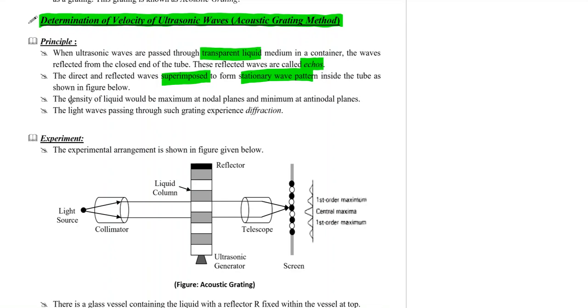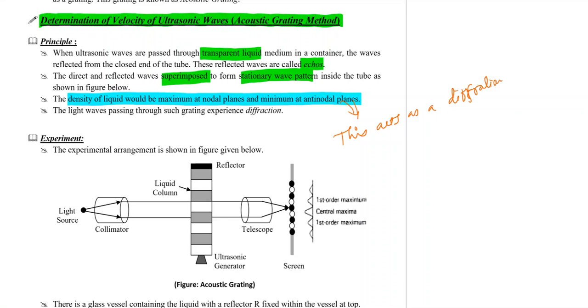And this is important: the density of the liquid is maximum at the nodal points and minimum at the antinodal points, and this acts as a diffraction grating. As it is a bunch of so many slits, when the light waves pass through such a grating, they experience diffraction, which is known as the acoustic diffraction.